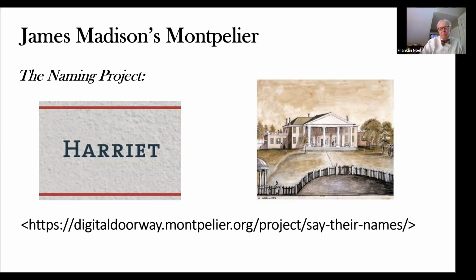Information about the project can be found on Montpelier's website, here at the bottom of the slide, and in its Instagram account. For example, a good deal is known about a woman named Harriet, who was born at Montpelier in 1809, the same year James Madison became president, and the same year the classic head half cents were introduced.